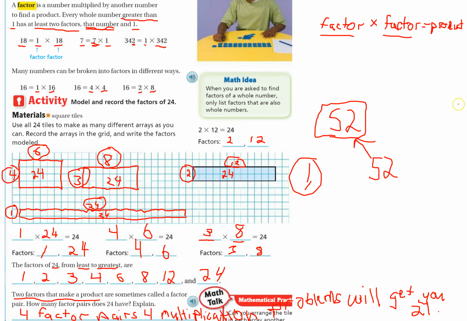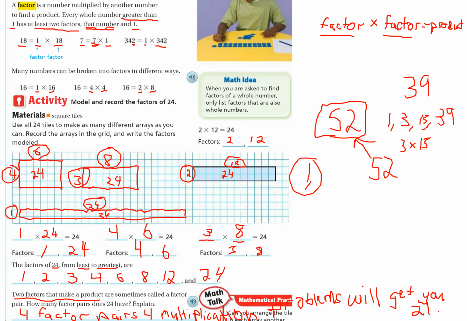Okay, so again, if I'm finding the factors of, let's do that, 39, well, I know 1 is going to be a factor, and I know the number 39 is going to be a factor. And there can't be any numbers bigger than 39 that are a factor, and there can't be any numbers smaller than 1 that are a factor, but there could be some factors in between. And I know for a fact, for example, right off the top of my head, I know 3 times 13 will also get me 39, so I know this will have 3 and 13 as factors as well.